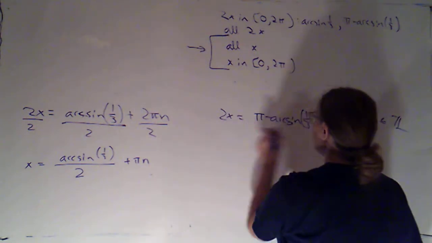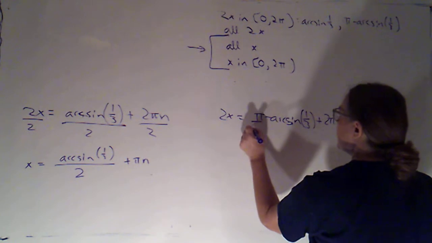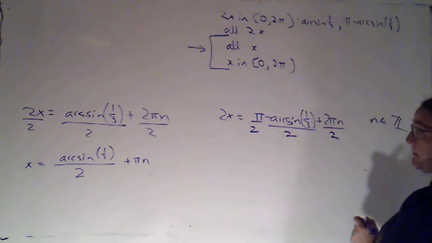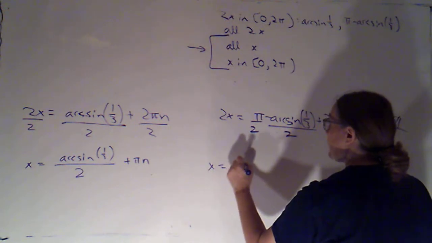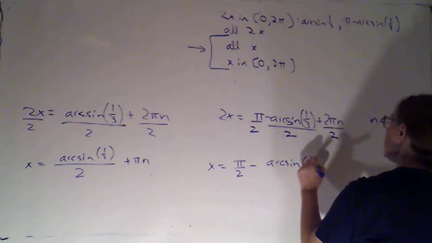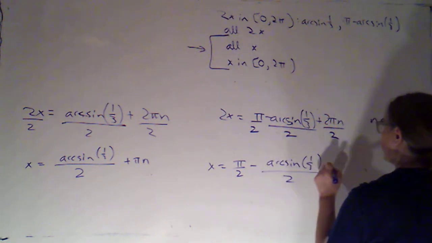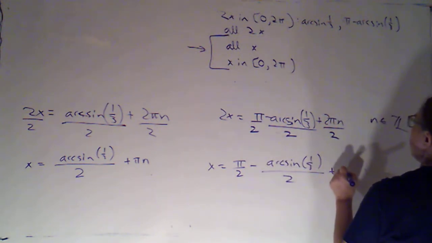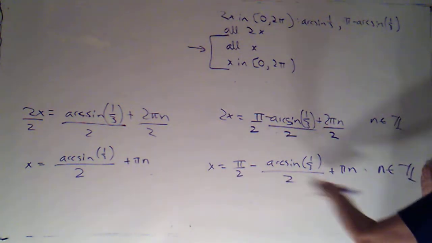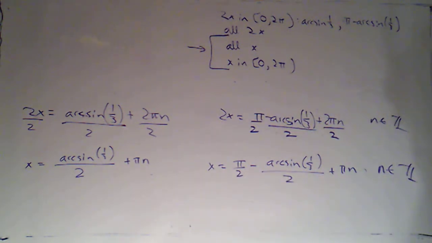Okay. And here, if I divide through by 2, I'm going to divide each one of these 3 terms by 2. So here I'm getting pi over 2 minus arc sine of 1/3 over 2 plus pi n. And of course, for both of these scenarios, n is an integer. Okay, excellent.